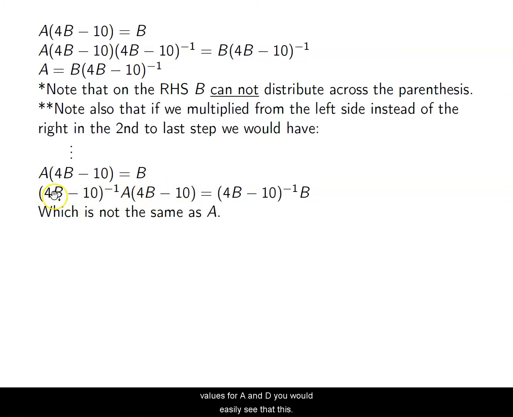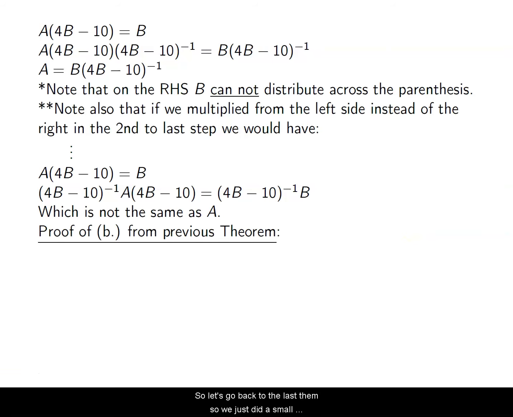If you had actual values for A and B, you would easily see that this is not the same as whatever your A matrix would be, okay? So very, very important. Those are the slight differences you have when you're solving matrix equations.